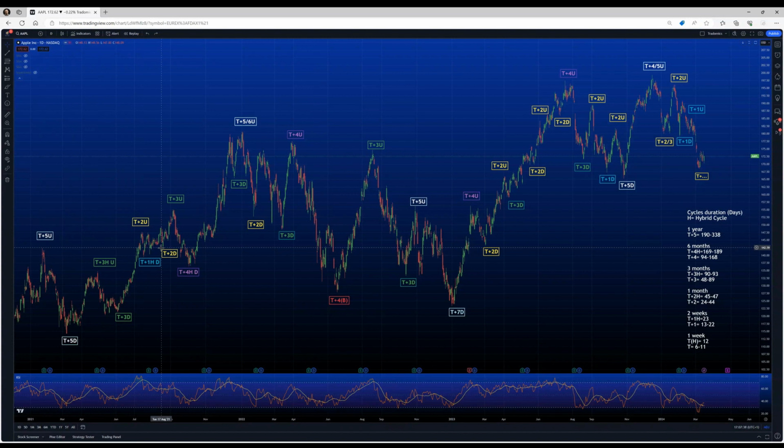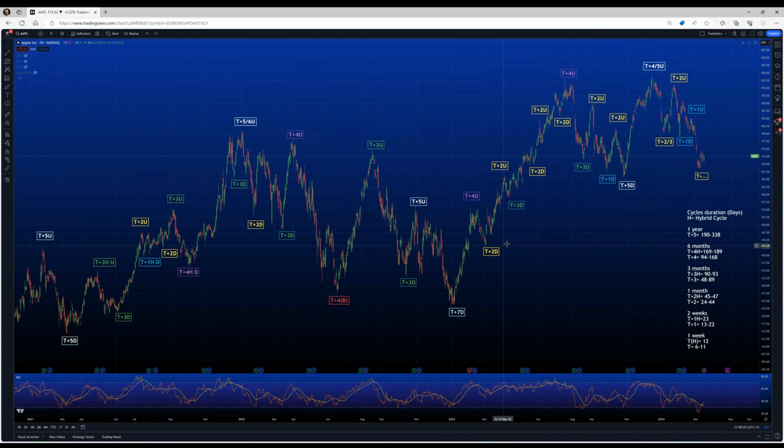So for example, if we take the low that occurred in January 2023, from January 2023 until its stop in July, we had 6 months of extreme upside trend.